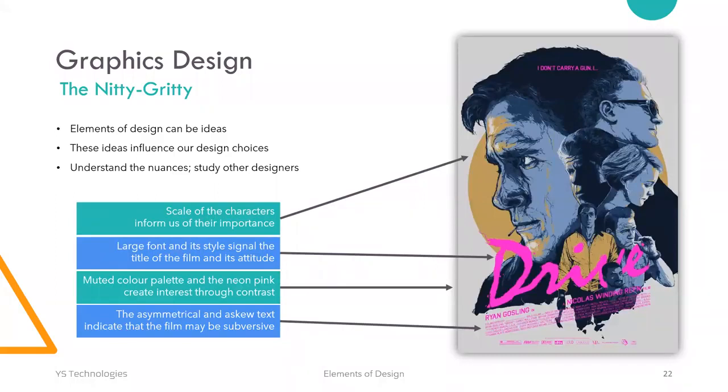Normally, this would be considered bad design because they don't complement each other. They're in stark contrast, but that is what the designer wants to convey. There is something unexpected about this film. And this is further communicated through the text here at the bottom, which is asymmetrical.